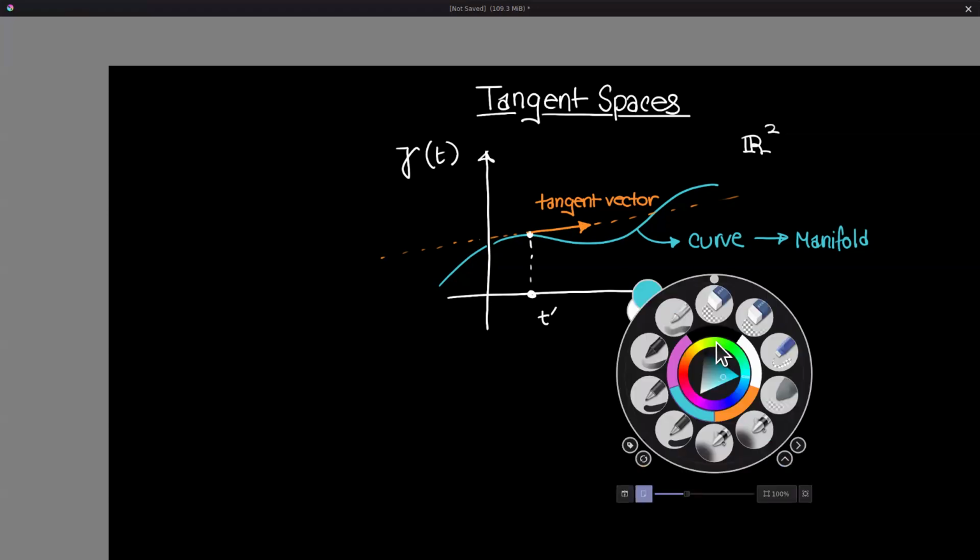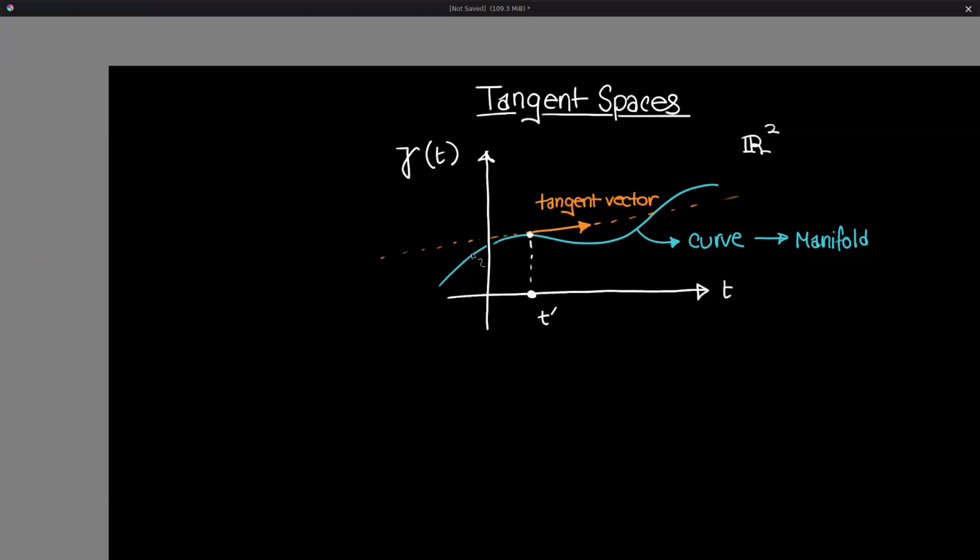So what we could do is take this point on the curve and think about how it moves along this curve. If we track the change of this point on the curve, then we can find its instantaneous velocity.